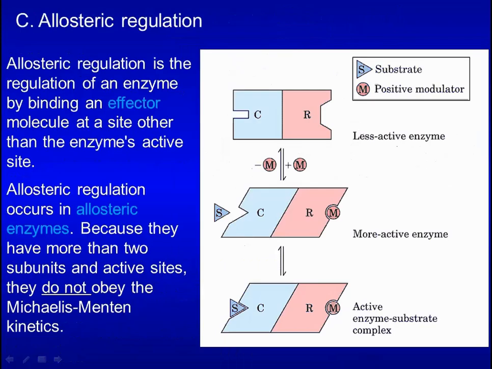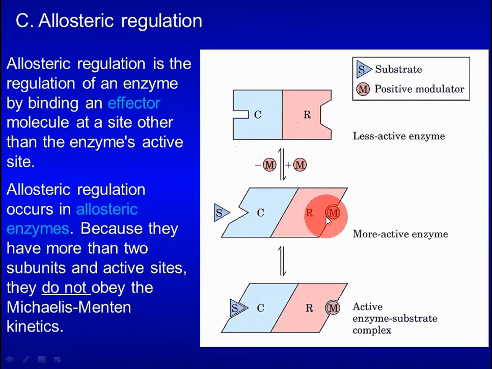Allosteric regulation is the regulation of an enzyme by an effector that binds at sites other than the enzyme active sites. So for simplicity, I only show you two subunits here. One subunit contains catalytic sites, one subunit contains regulatory sites.